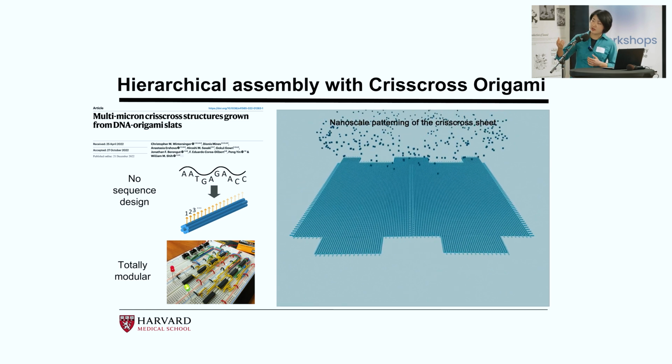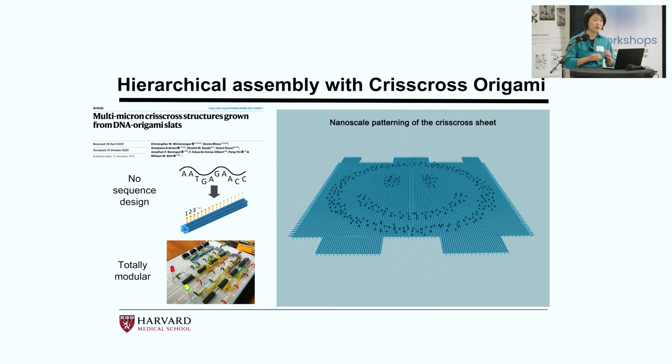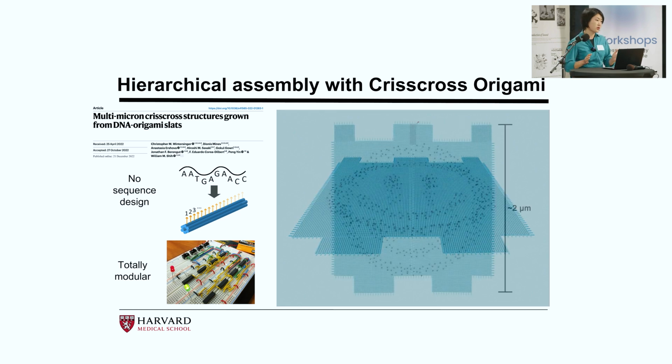Also, importantly for the application, the whole structure is made up of these unique components, making it uniquely addressable. Some of the advantages to our assembly method that we hope will make it easier to adopt for the community is that since we're working on the level of the origami themselves, we just have to worry about the identity of the handles of those sequences. That's how the metastructure's shape is programmed.